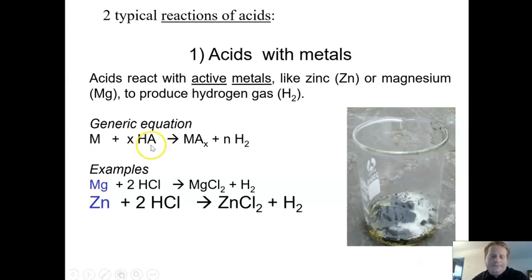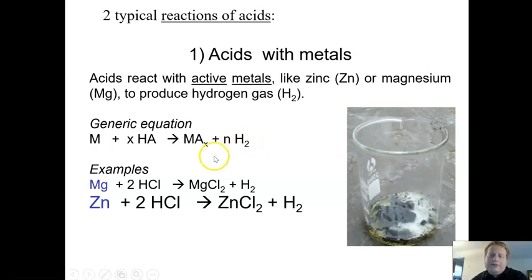So A for anion. What we're seeing in this reaction is that the metal will bump out the hydrogen atom, and what you'll be left with is what's called a salt, or an ionic compound. The metal is essentially bonding with the anion now, and what's left behind is however much hydrogen gas was made.